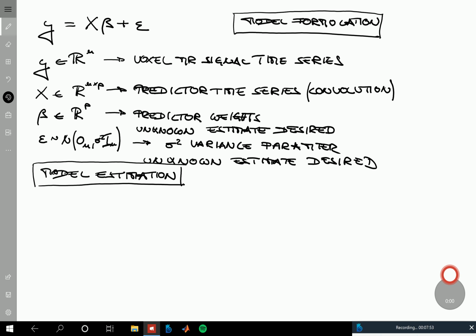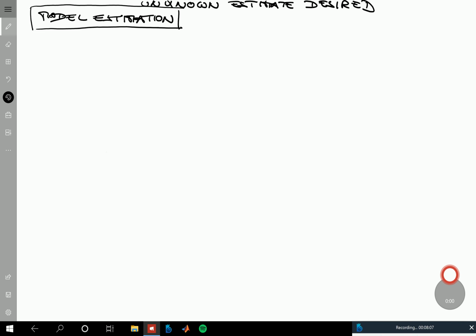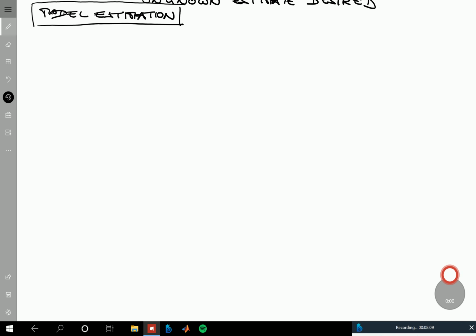So today we do model estimation, and then for a couple of weeks, we go back and forth between model formulation, model estimation, and then in the end, when we talk about random field theory, we will go to model evaluation. So the big topic today is maximum likelihood estimation.